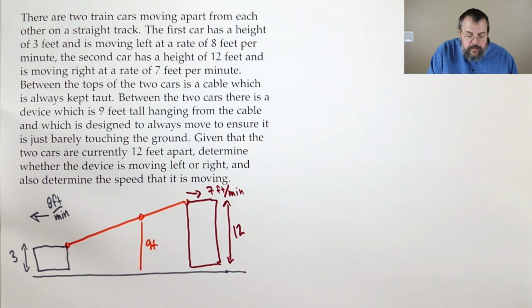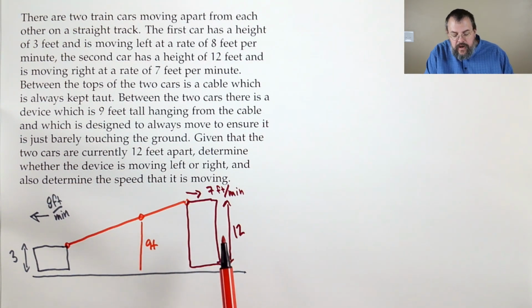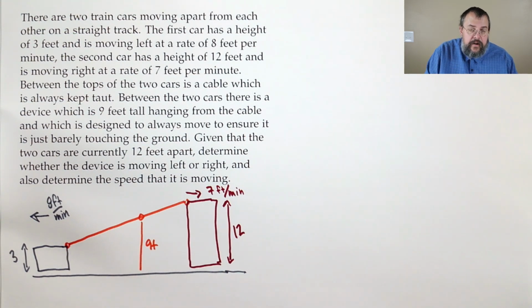And it's designed to move to ensure it is just barely touching the ground. So, in other words, it might move to the right or it might move to the left. Now, it's always going to have a place to be, because I'm going from a height of 3 to a height of 12, and therefore, somewhere in between there's a height where I'm exactly 9. All right.